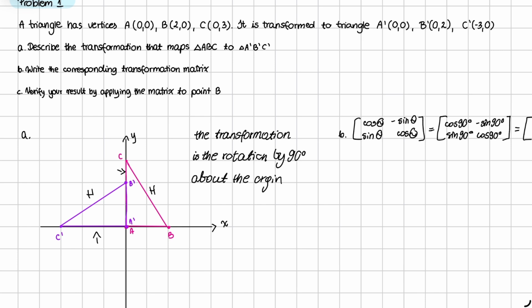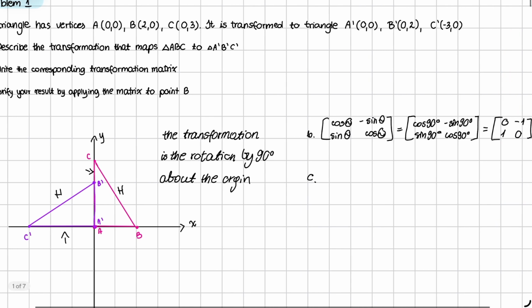C. Verify your result by applying the matrix to point B. So basically, we have to multiply our transformation matrix with our point B: (0, -1, 1, 0) times our point B, (2, 0).